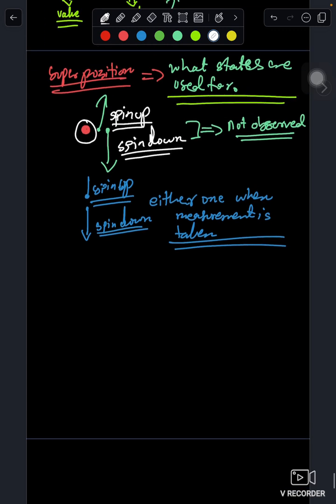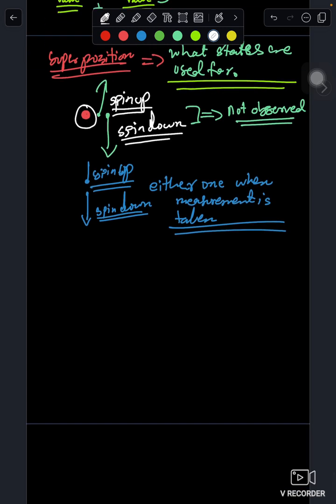Okay, so psi of x and t. What I mean by x and t is the evolution of that particle through space and time, equal to c1 plus c2.